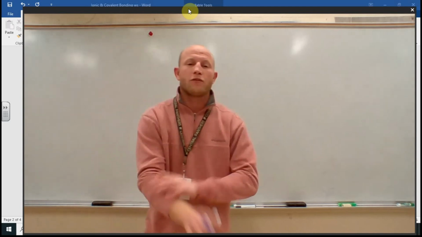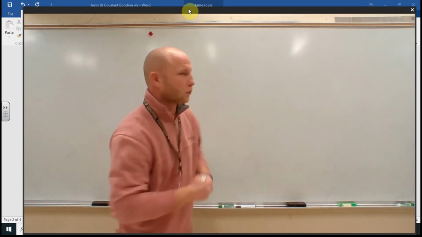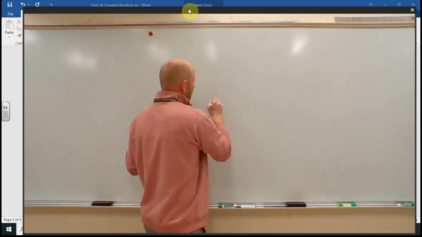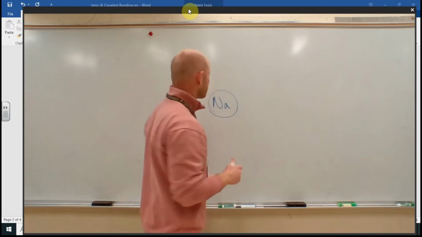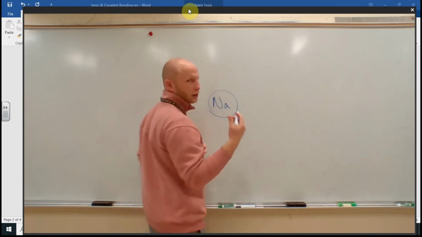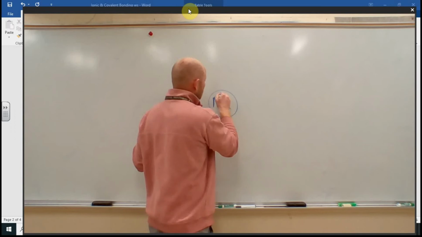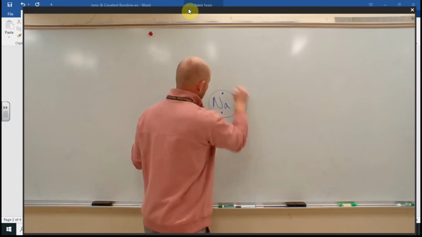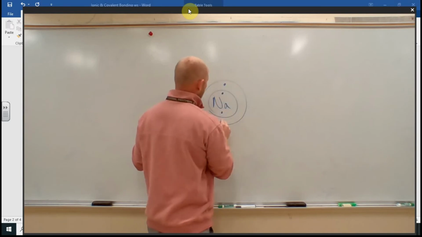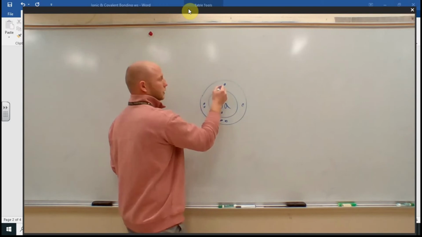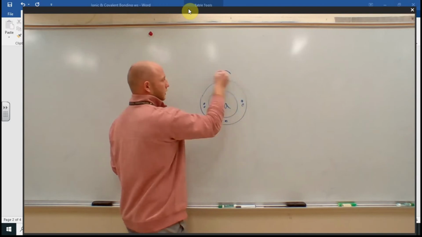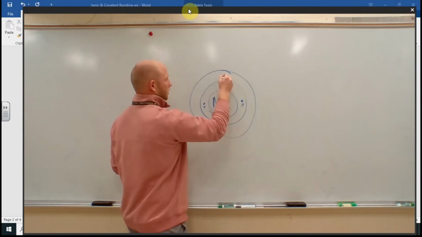Okay, so when we've been doing this, we're only looking at the valence electrons, right? If I wanted to do sodium and fill up sodium, I know that sodium is on the third period, and he has 11 total protons: 1, 2, 3, 4, 5, 6, 7, 8, 9, 10, 11.